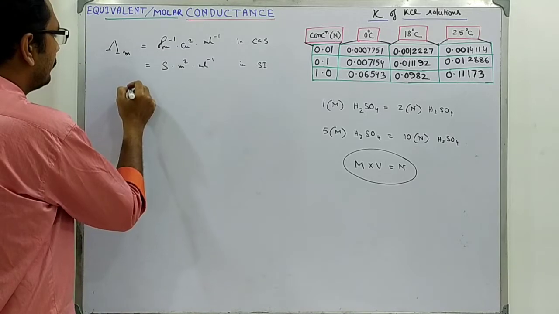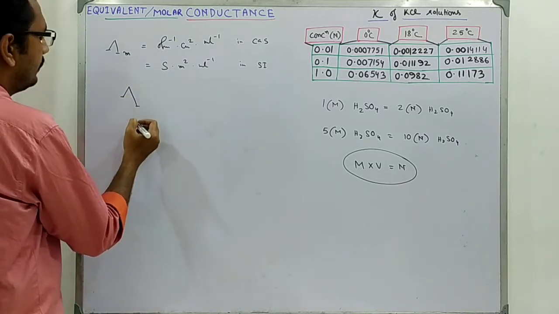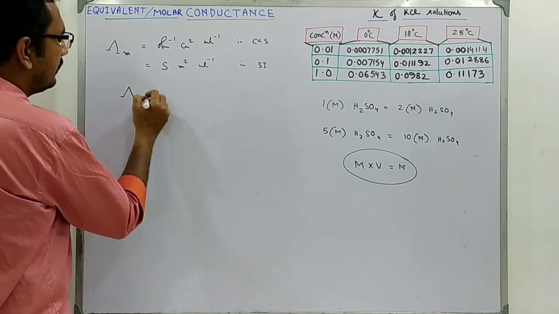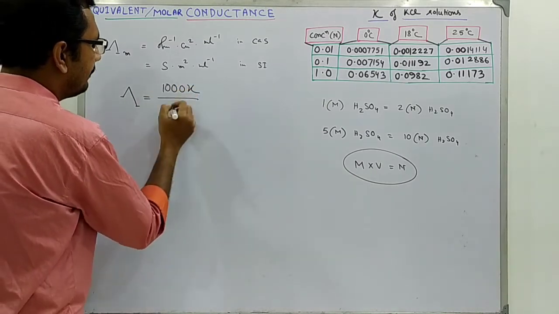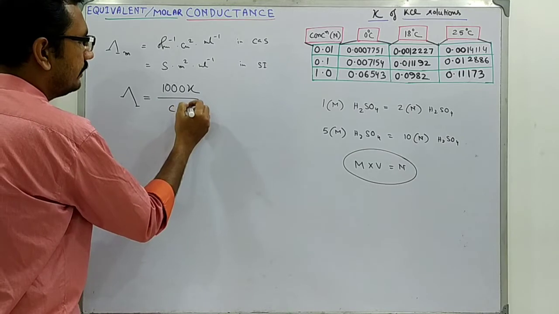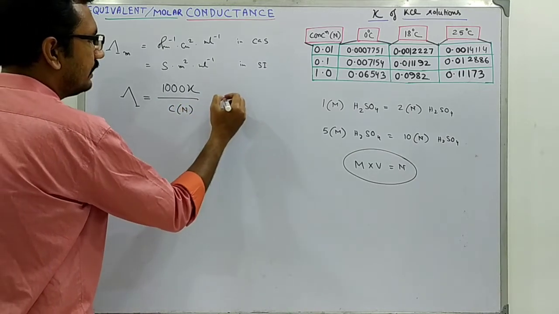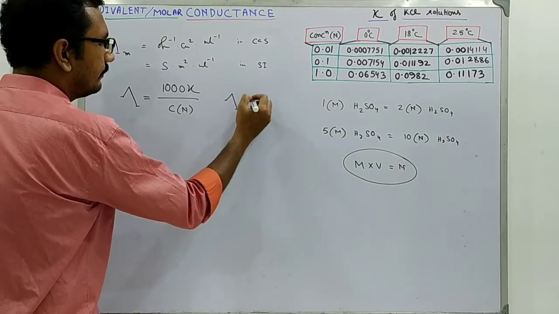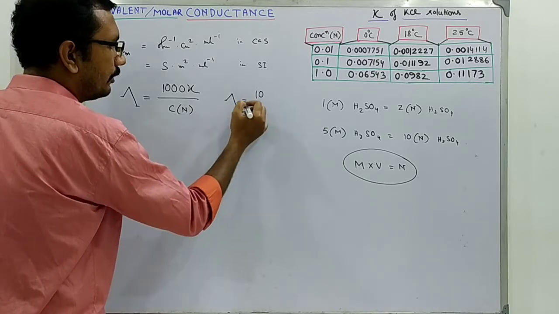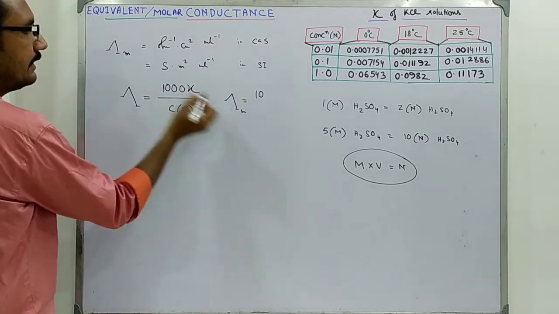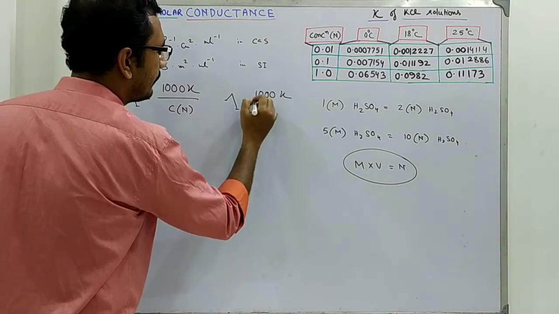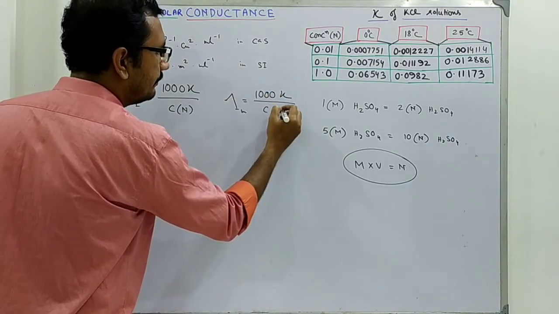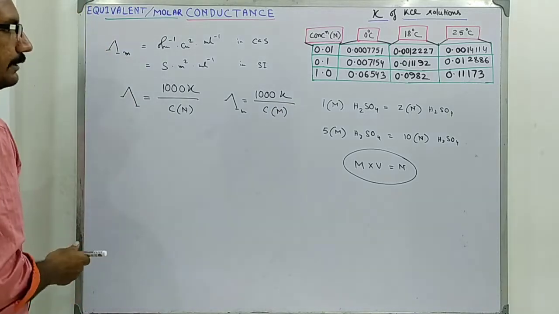Now, for equivalent conductance, the relation is 1000 kappa by C, that will be in normality, and for molar conductance the symbol is lambda m, it will be 1000 kappa by C molar.